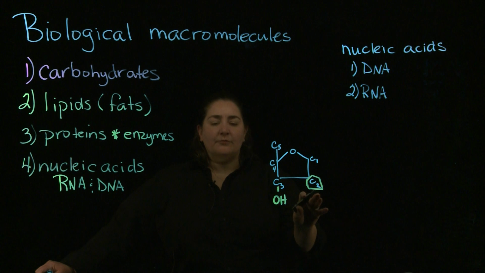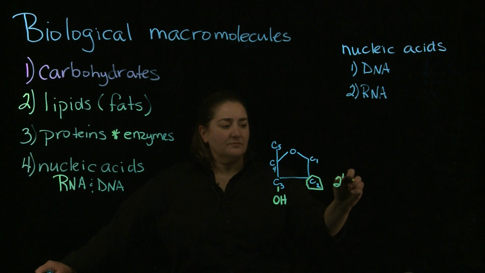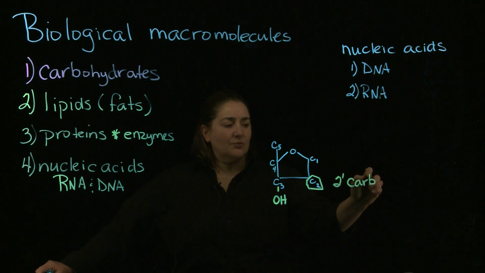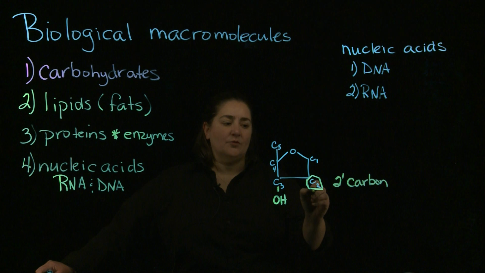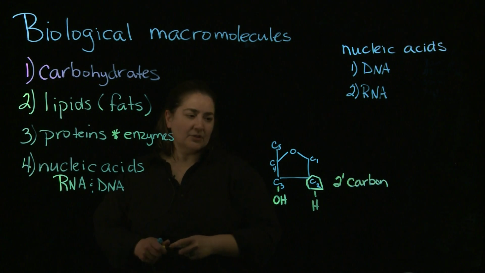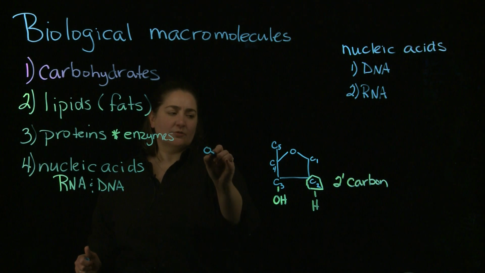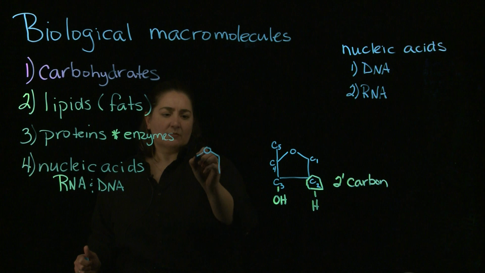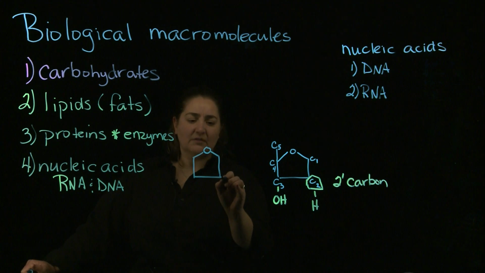We refer to that as the 2' carbon. That 2' carbon is going to tell you whether this molecule is RNA or DNA. So I'm going to draw a hydrogen there, and I'm actually going to draw another molecule over here because I think that will be easier to see than me trying to erase something.